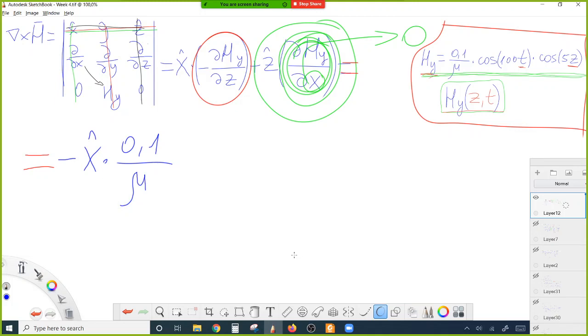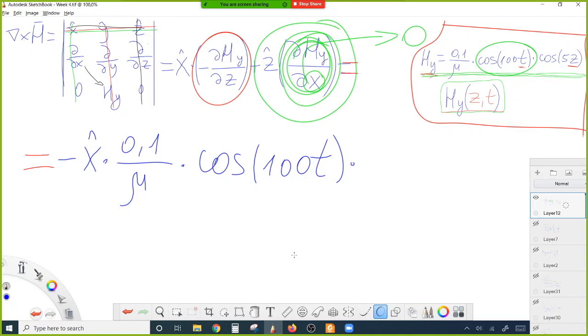Cosine 100t is also constant in terms of z, one of the coefficients. Now cosine 5z is not a constant, it is a function of z.